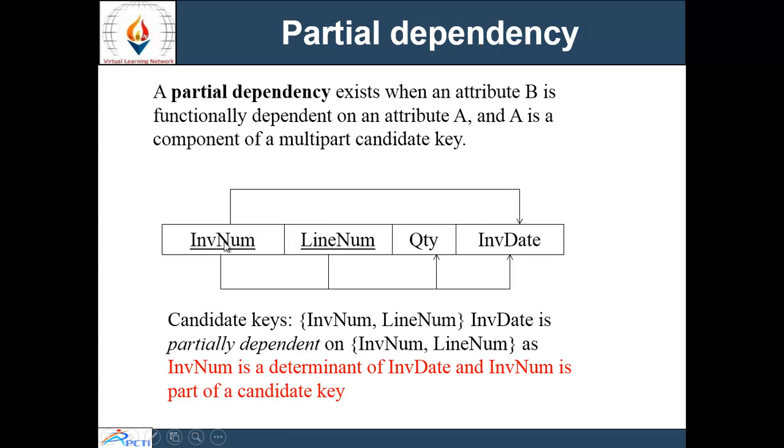It means invoice number and line number together make a composite key, and if any non-key attribute is dependent on a part of this primary key, it is known as partial dependency.